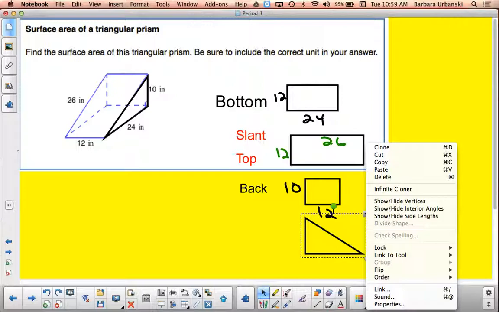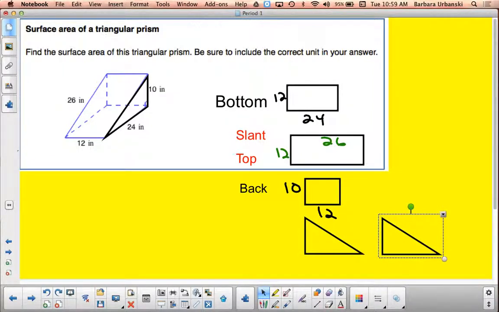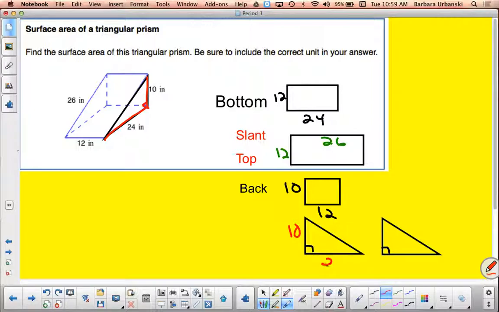I'm going to clone it so that I remember that I have two, and mark my right angle on both. This way I can take a look at the two legs of the triangle that hold the right angle, and it's going to be a 24 and the altitude of 10. So I've got a 10 here, I've got a 24 here. That would mean this would be 10 and 24. And we're going to say that these are the sides, so we have two of them.